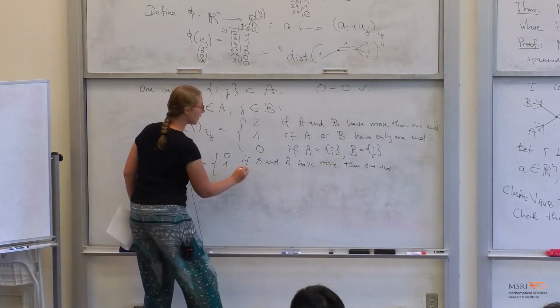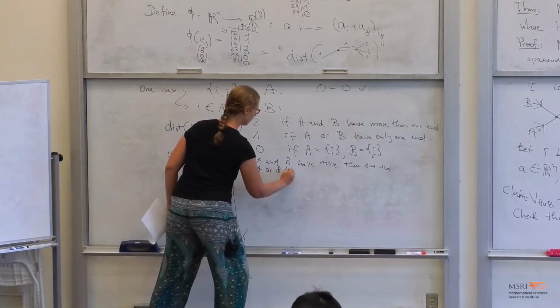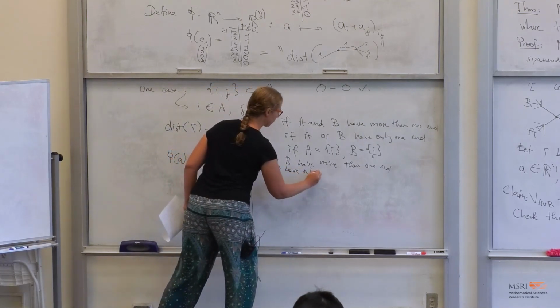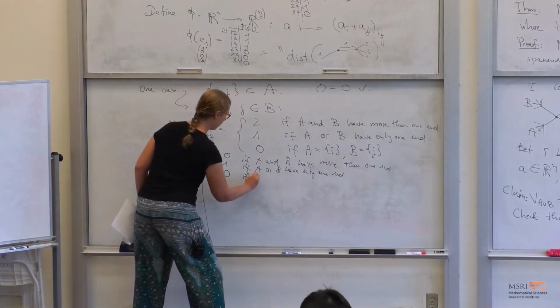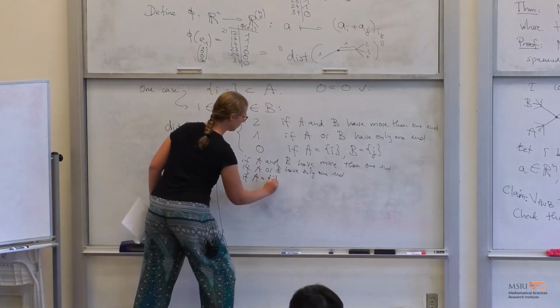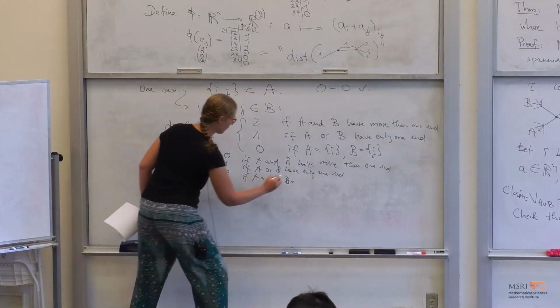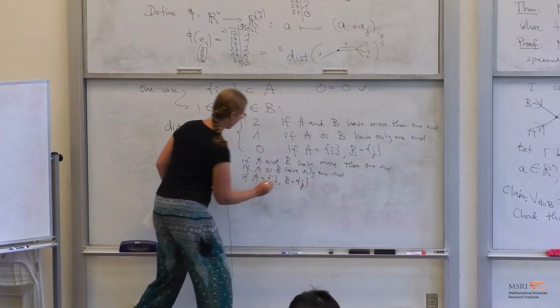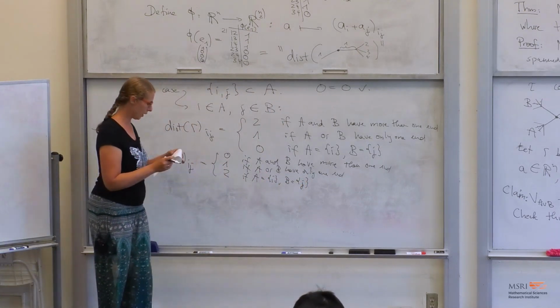It is a 1 if A or B have only one end. And it is 0 if A is i. And it is 2, sorry, it is 2 if A is i and B is j, because then a_i is 1 and a_j is 1, and the sum a_i plus a_j is 2, of course.